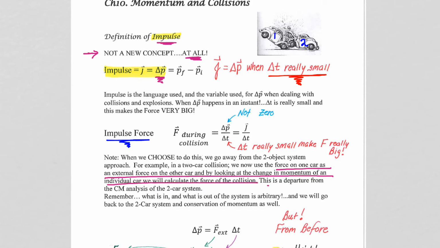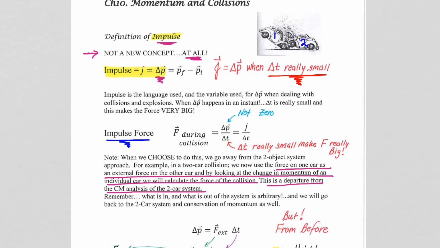This is definitely a departure from the center of mass analysis of the two-car system that we talked about in Chapter 9. You'll see on the next page of notes, in our second lesson, how that is applied to problem solving.